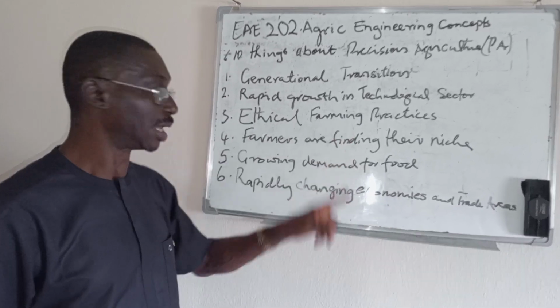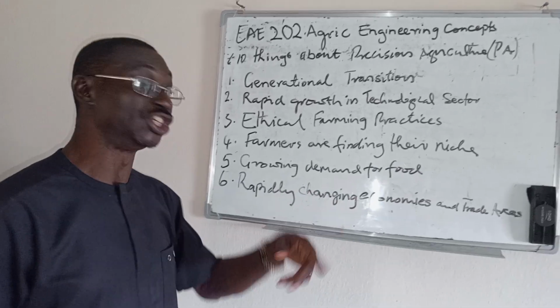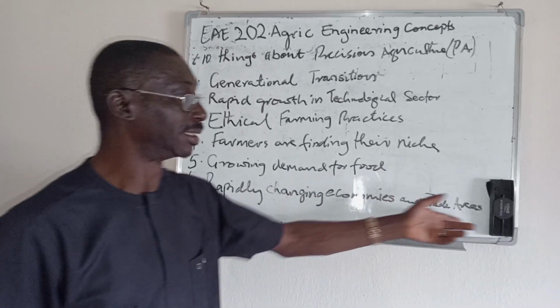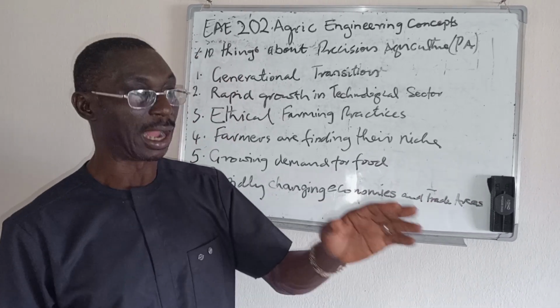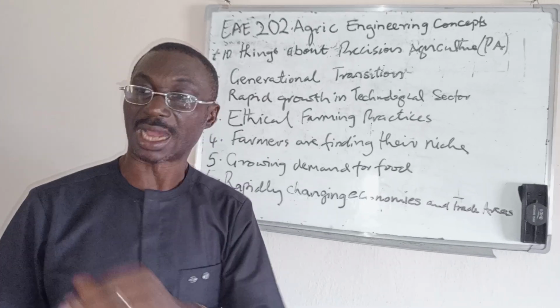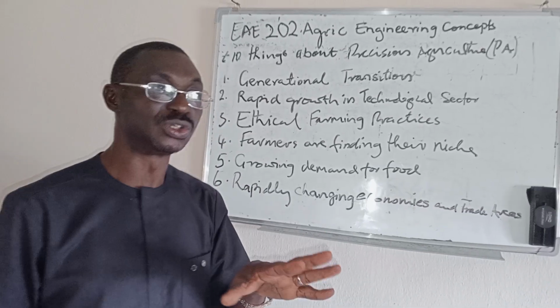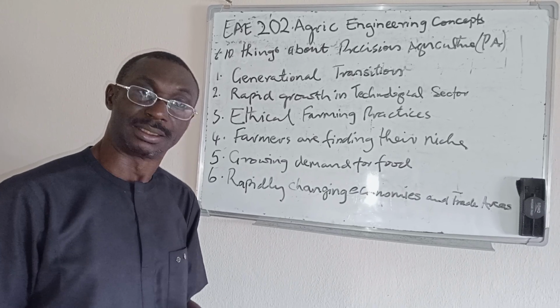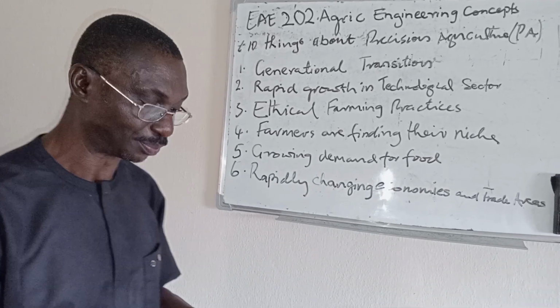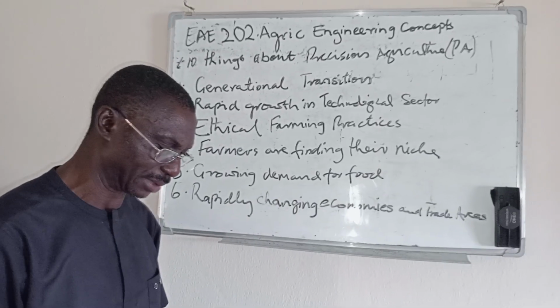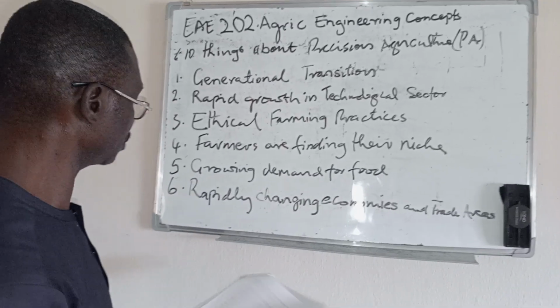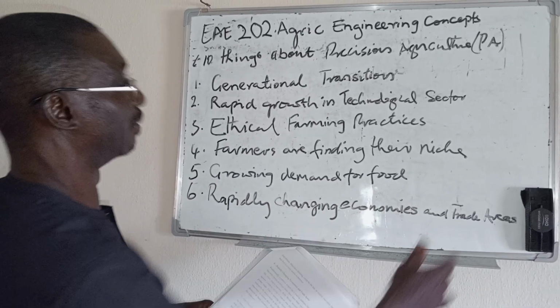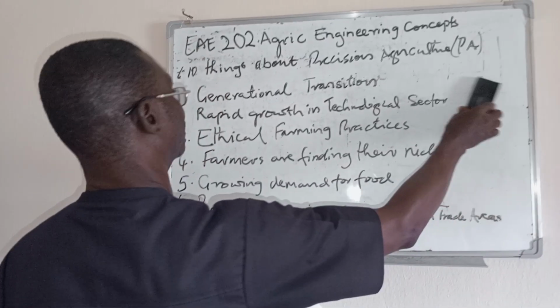So PA has brought about rapid change in economies and trade areas. So I will go into this aspect because they are there. If they are not there, nobody will think of that.